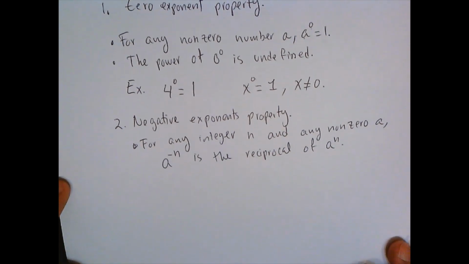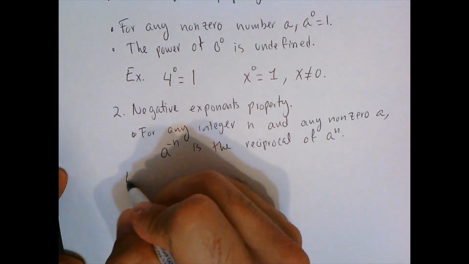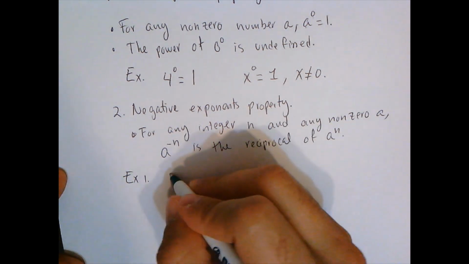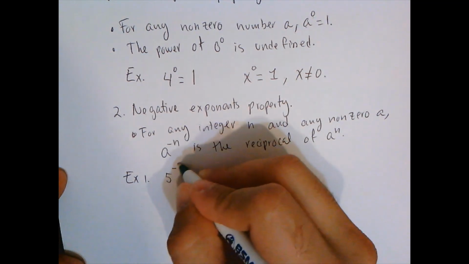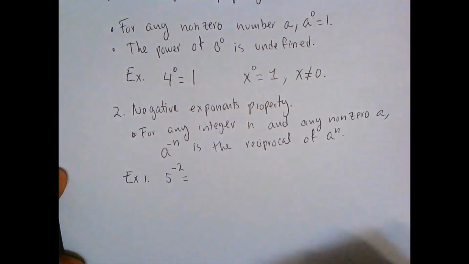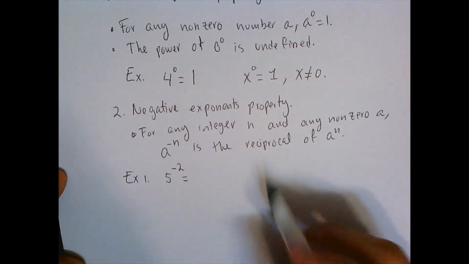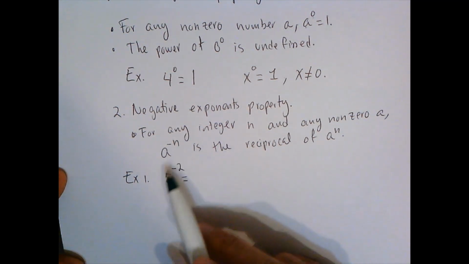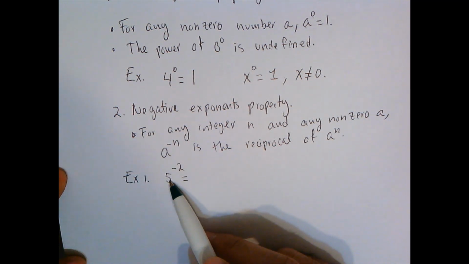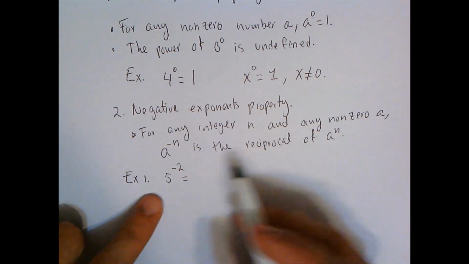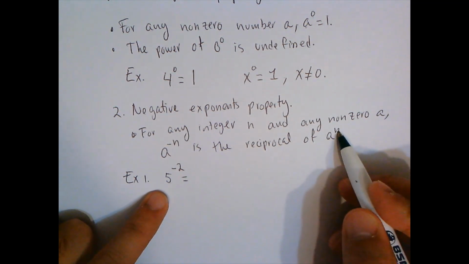So here's the first example. Example number 1. I'm going to pick number 5, and I'm going to raise that to the power of negative 2. Well, because of what this property says, if I have any non-zero number as my base, and I raise it to a negative power, that would just be the reciprocal of a to the power of n.